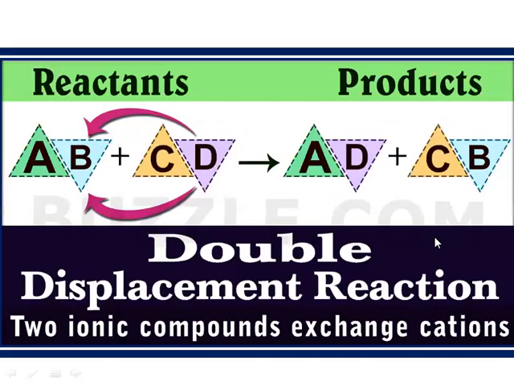Today we'll start with the fourth type of chemical reaction, double displacement reactions. The reactants and products are represented here as AB + CD and AD + CB respectively. Two reactants are involved, which results in the formation of two products. Two ionic compounds exchange cations.